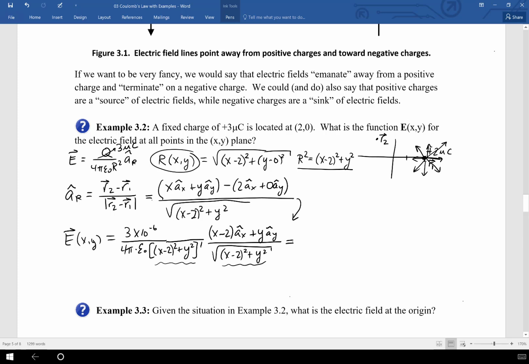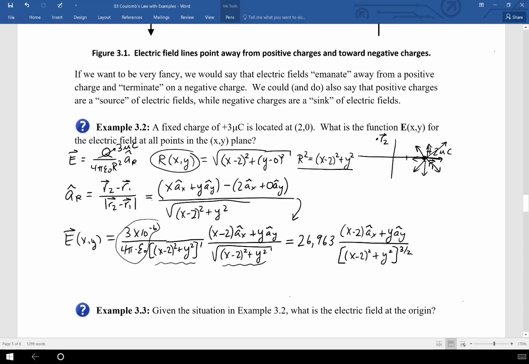So I'm going to go ahead and combine all of these constants together. So all of these constants, when I multiply them together, gives me 26,963. And then I'm going to have times x minus 2 a sub x plus y a sub y divided by x minus 2 squared plus y squared all to the 3/2 power.